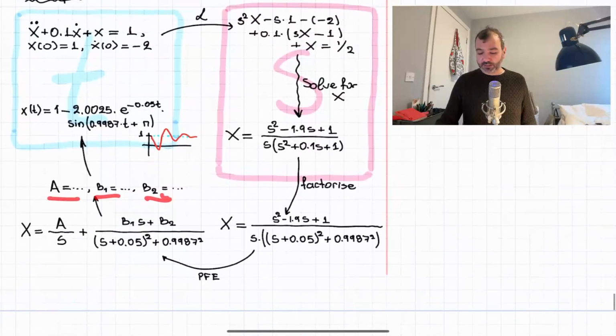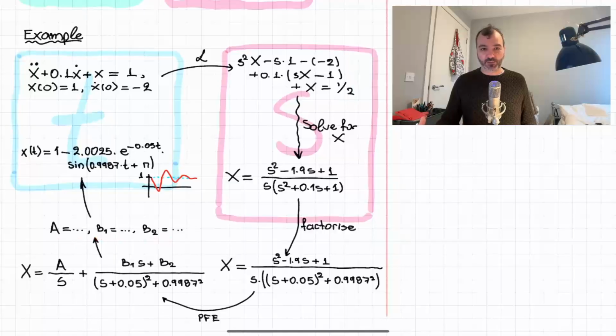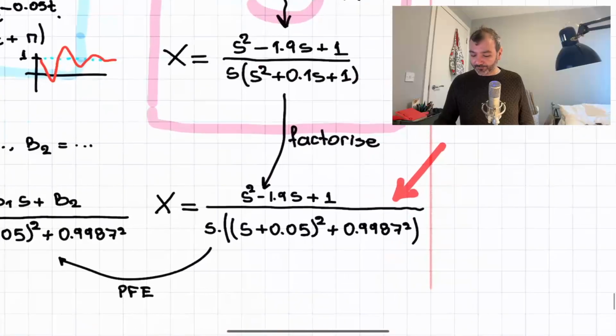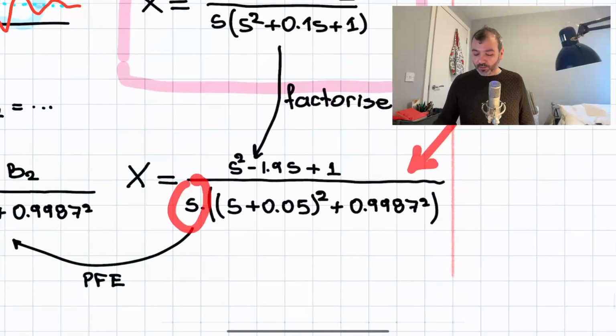After you do this, you can take your inverse Laplace transform using proposition 5.4, the one I showed you before, and you have your solution, which looks like this. But even before you reach this final result, even by inspecting X of s, you can tell that you have 1 over s, a pole at 0.